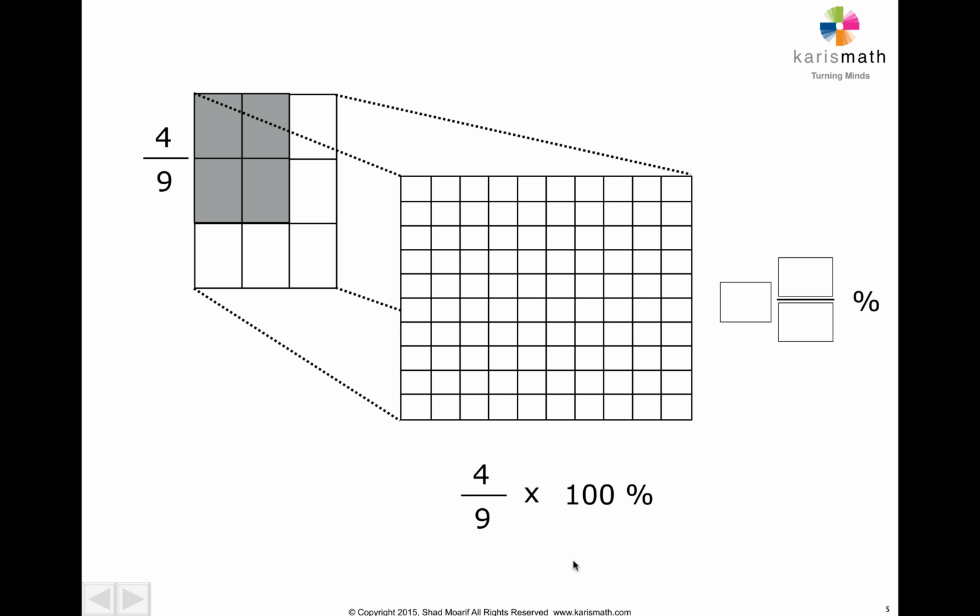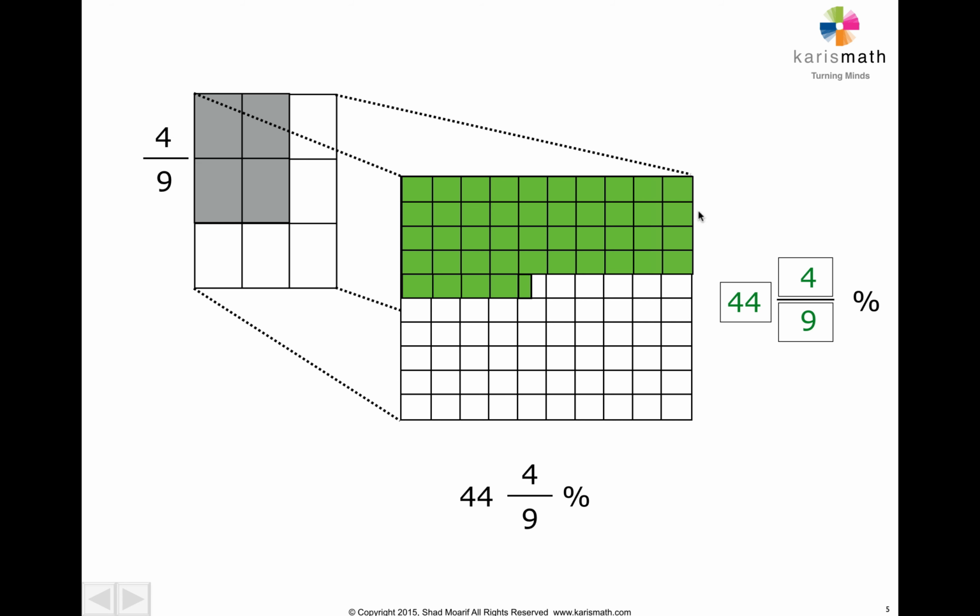Because it's 100 over 100. I'll write it as 100%. And then do this calculation right there is 400 over 9, which comes to 44 and 4/9%. So easy to do. It'll be about this much. So this bit here, if you break this into 100 parts, that's the green part shown there.